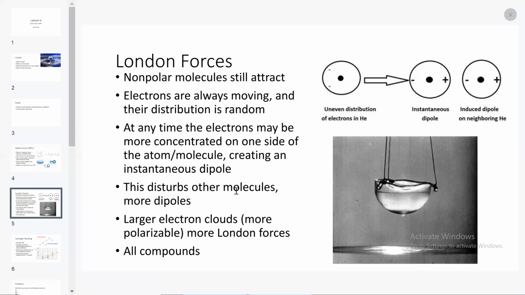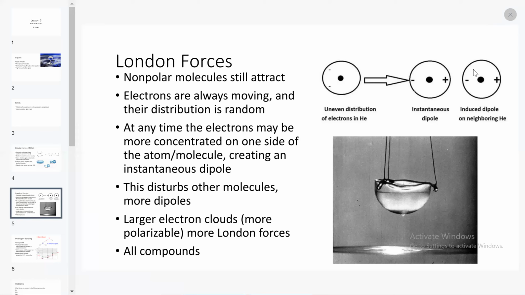However, what happens is that this instantaneous dipole will also disturb the electron clouds of another atom. So for example, in helium, we have our 2 electrons, and they're flying around randomly. So at this one moment in time, we have more electrons on this side, which creates a negative charge here and a positively charged side here. And now we have another helium atom with its electrons flying around.